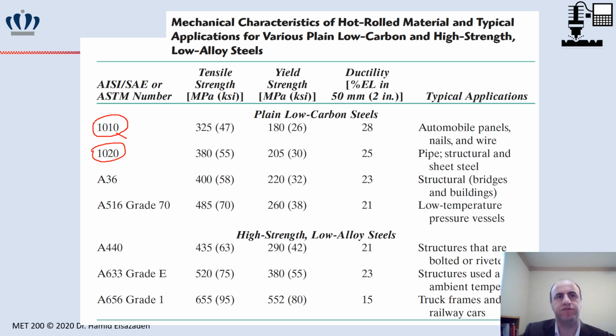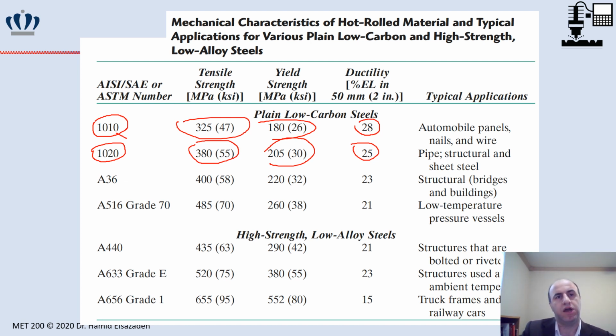So this has more carbon compared with this alloy. And here we see the strength of this material is more than the previous one, and the yield strength is again more than the previous, but the ductility dropped by 3%. Why did it happen?